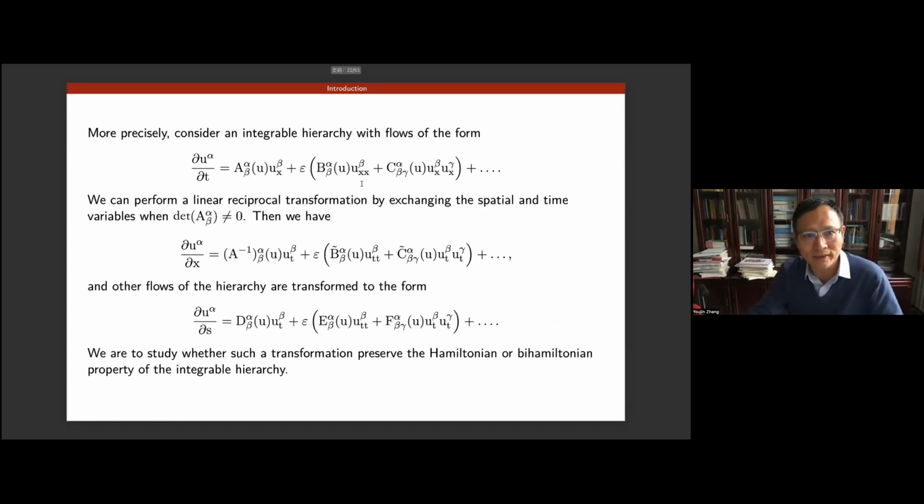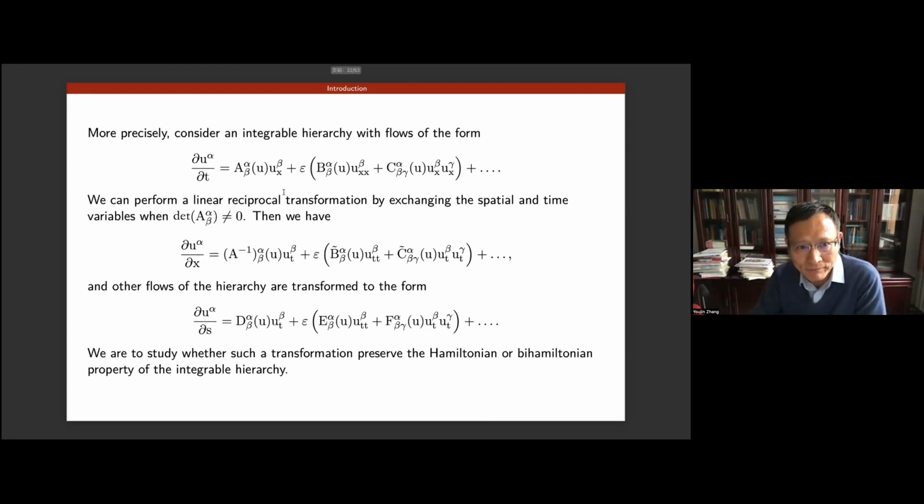More precisely, the integrable hierarchies that we are considering have this form. It has a leading term given by a system of hydrodynamic type, and dispersion terms with high order x derivatives of the unknown functions.